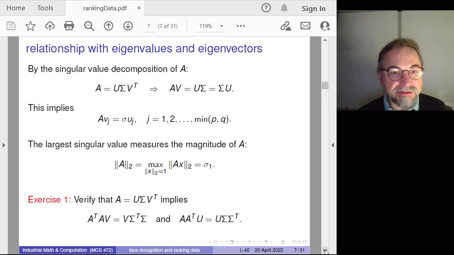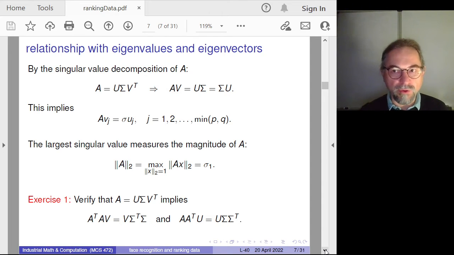So here is an exercise. With some rewriting, one can show that the columns of V contain the eigenvectors of A transpose A. So the first identity here at the bottom left gives an interpretation of the columns of V. V, by the way, is an orthogonal matrix.